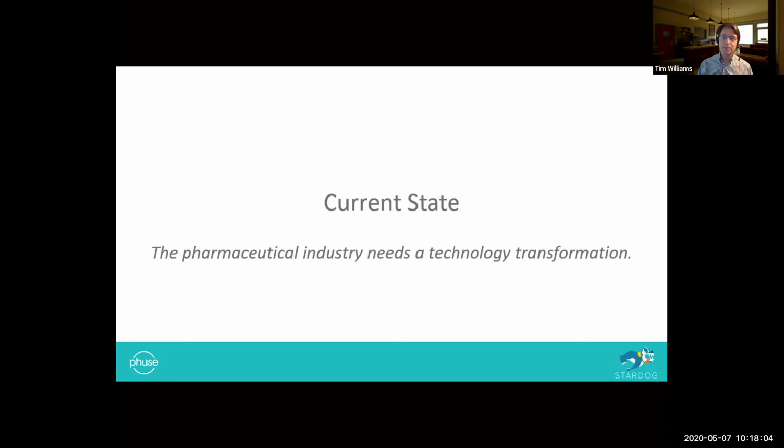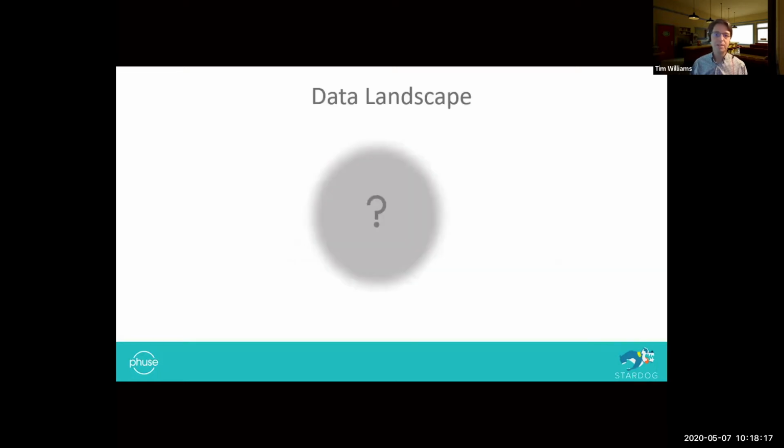In the introduction, I talked about time, cost, and success rate for why transformation is necessary. Now I will take a closer look at some of the underlying challenges facing the pharmaceutical industry. First, the data landscape. Pharma has a lot of legacy data that needs to be integrated. It ranges from large relational database systems down to individual files like SAS datasets delivered from contractors or spreadsheets that contain data and metadata.